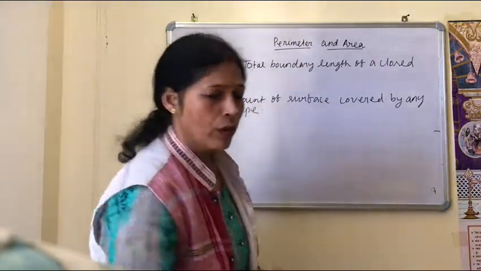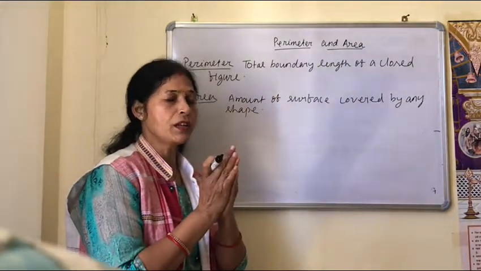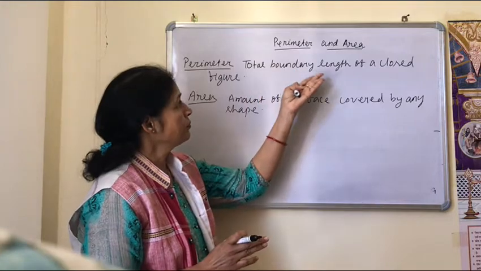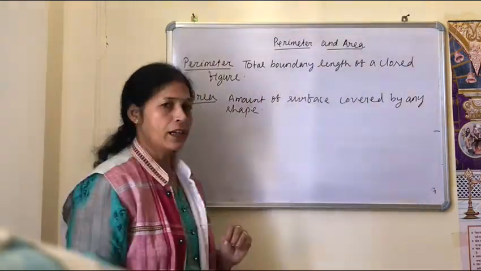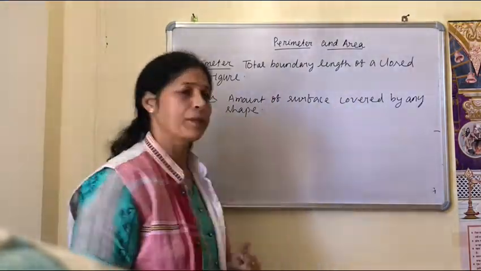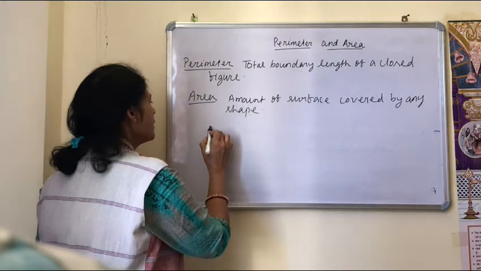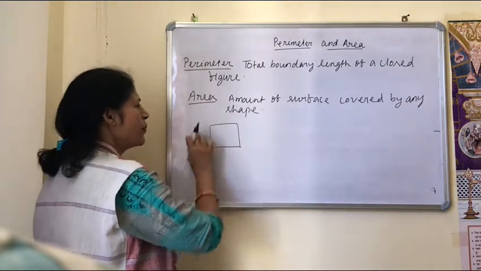Now, what is area? You know the perimeter of any figure. Now what is area? Area is the amount of surface covered by any shape. Suppose you take the shape of a square.